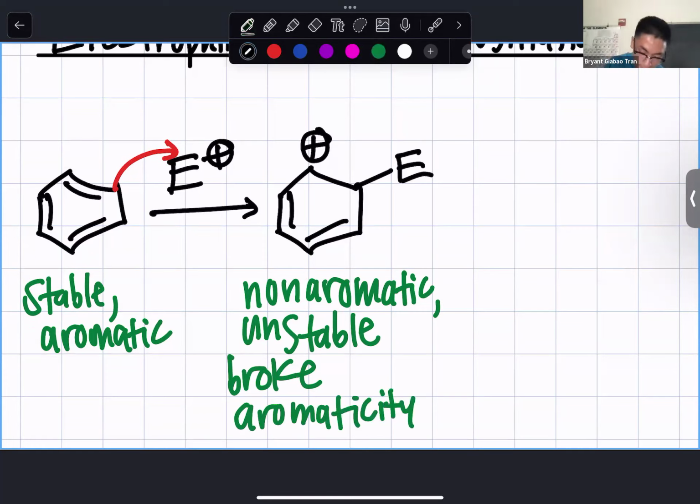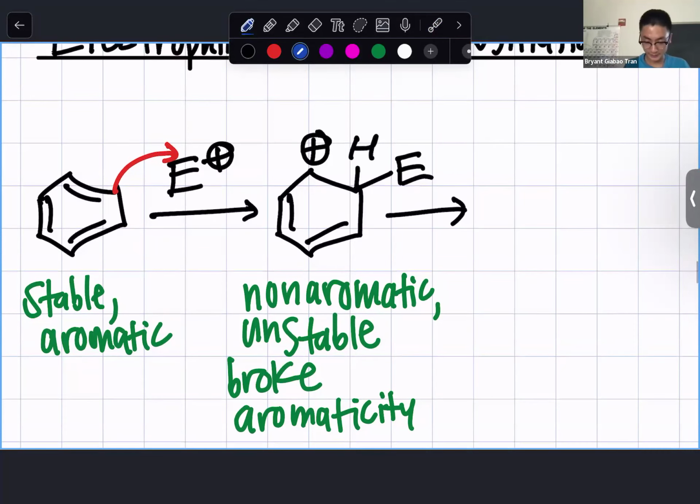So that's why we don't stop there. How can we reform the aromaticity? How can we return to our aromatic ring? Hydride shift, right? Or elimination, E2 reaction or E1 reaction. Oh wait, so it's not a hydride shift where we're moving a hydrogen, but it's going to be an elimination, where we're going to make a double bond right here. So we're going to deprotonate this hydrogen here. Let's say some kind of base comes in.